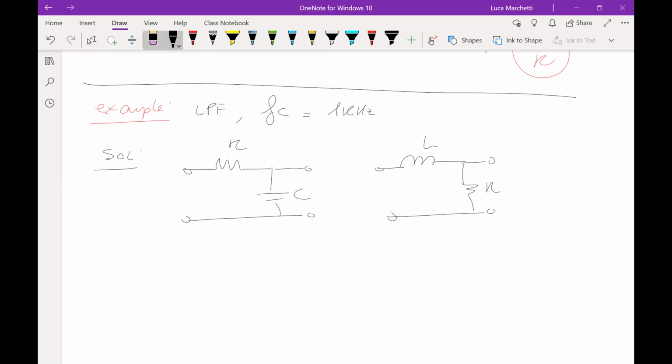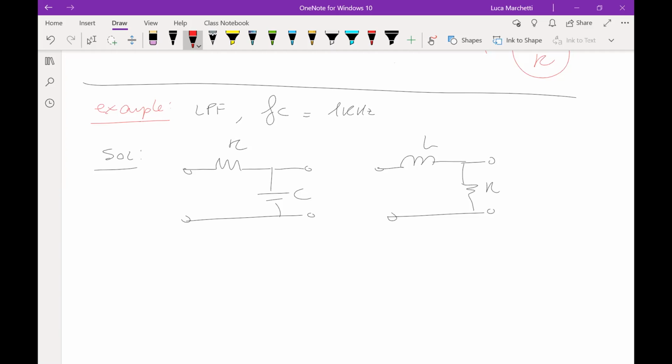Well, someone said quality factor. The point is that the quality factor is something that I discussed just for the RLC. Maybe I wasn't clear enough, but the quality factor is true only for the RLC passband filter, because the Q factor determines how wide the curve is, and we don't have any peak in the curve for the low pass filter and the high pass filter.